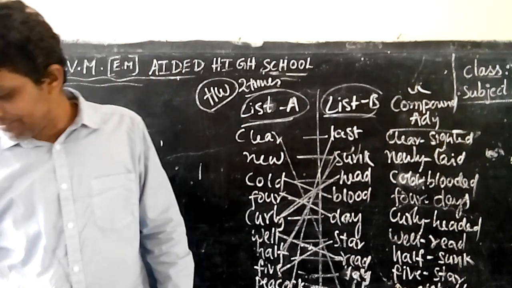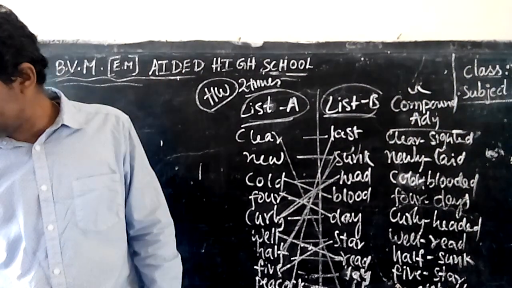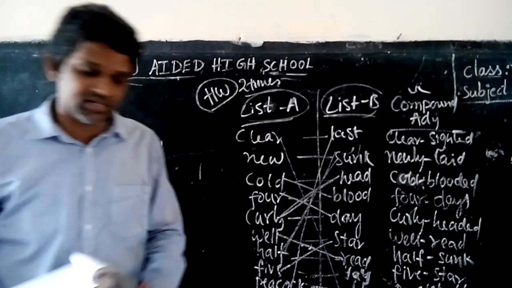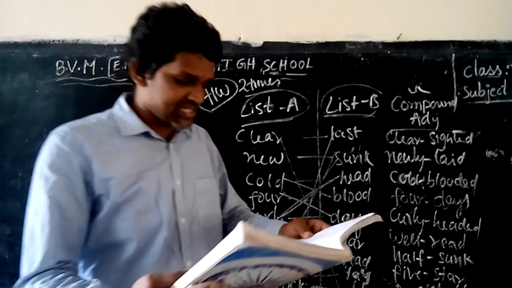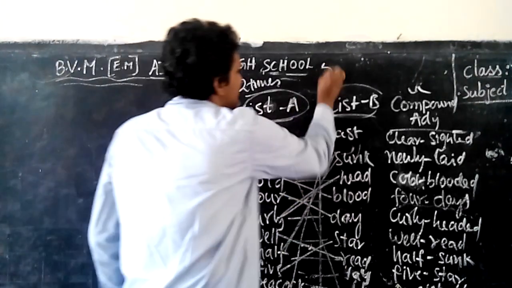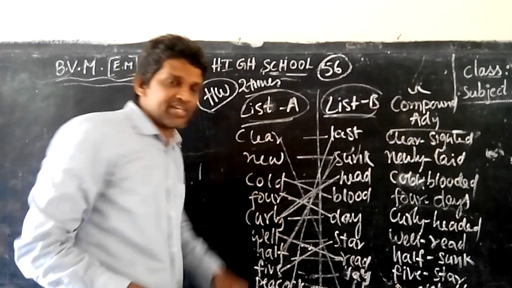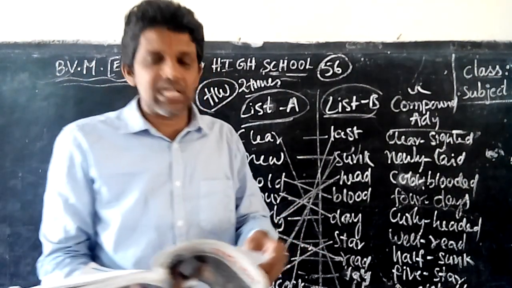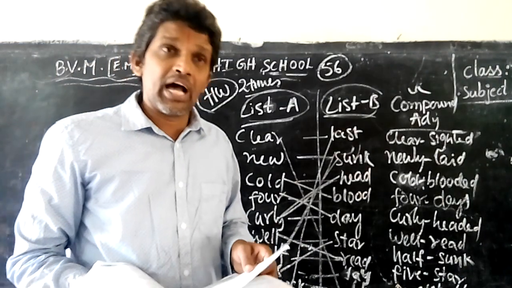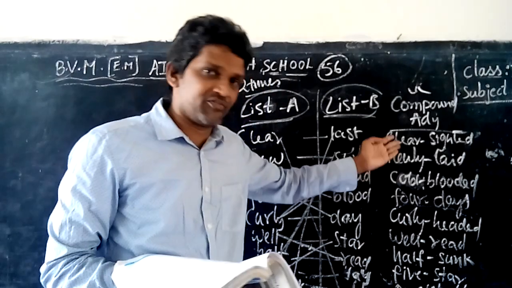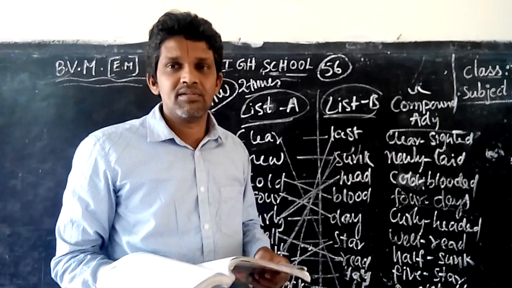Okay. So next important one is, basing on these compound words, you should write the answers for the blanks given in page number 56. In page number 56, some sentences are given for you and you have to write the answers by choosing the best one from these matchings.